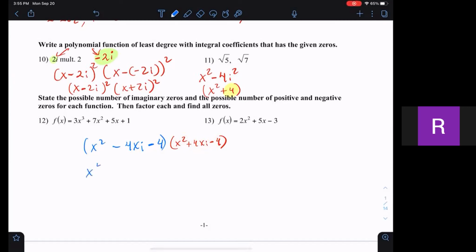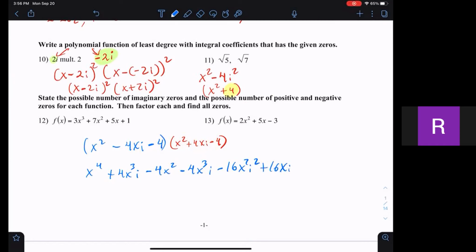So this is x to the 4, and then this is going to be 4x cubed i minus 4x squared. And then here we have -4x cubed i minus 16x squared i squared. And then this is going to be plus 16xi.